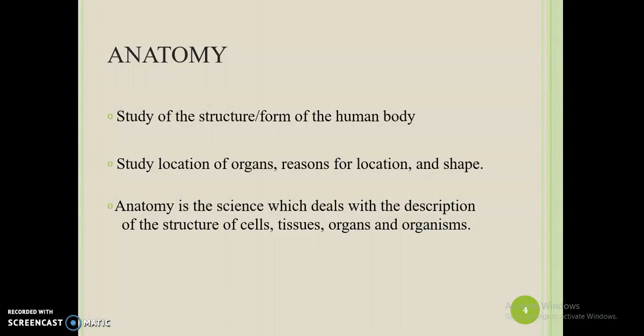It studies the location of organs, reasons for location, and the shape of that organ. Anatomy is a science which deals with the description of the structure of cells, tissues, organs, and organisms. So this is just an introductory part.